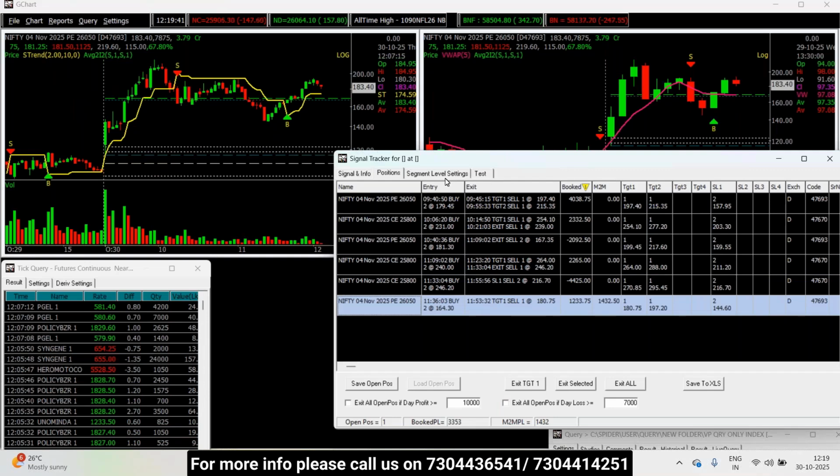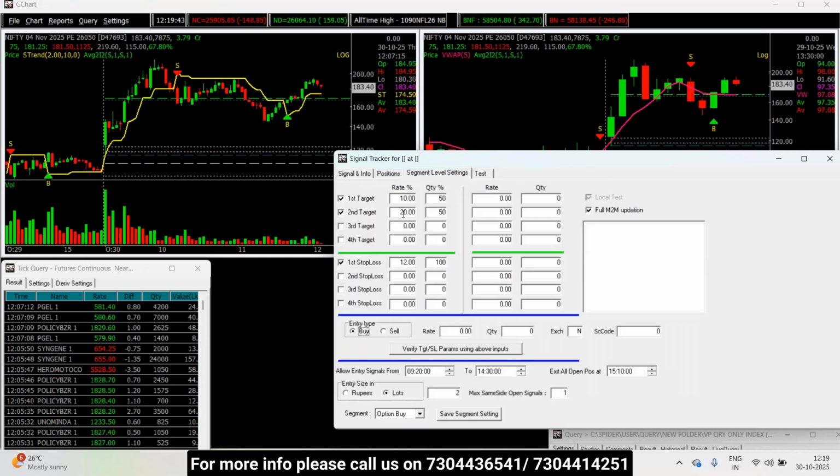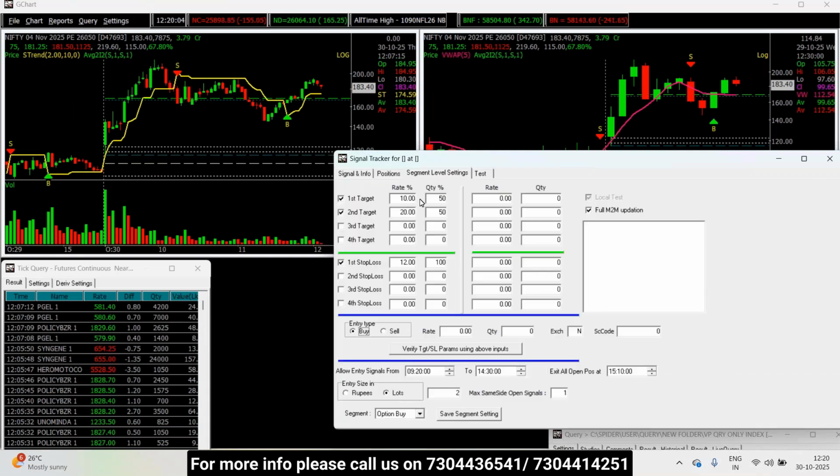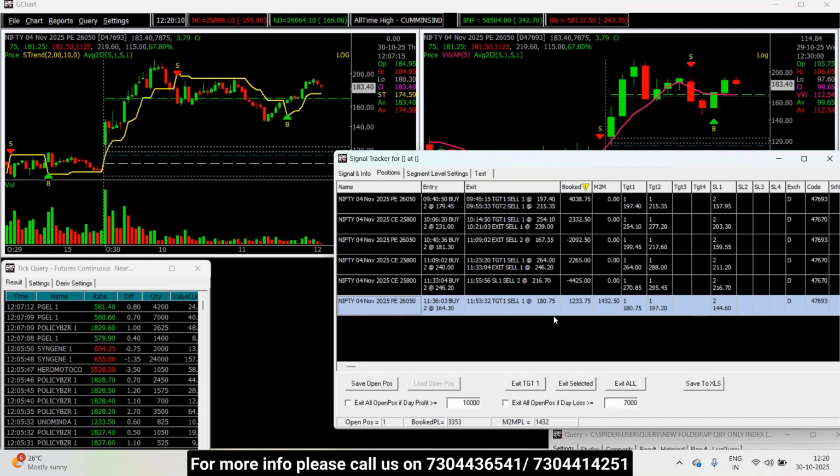Target two is kept at 20%, and the 20% price is 197 rupees. Now it's going at 183 rupees. If it hits 197 rupees, it will exit automatically. Our first target is 180 rupees, that is 10%, and 180 already got hit, so it exited. In this way, without risk, you can execute stock entries and exits, and you can make profits.